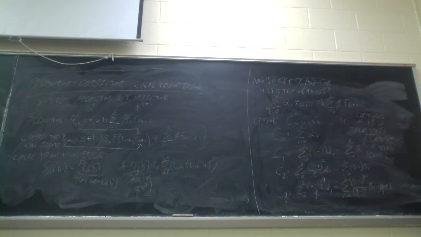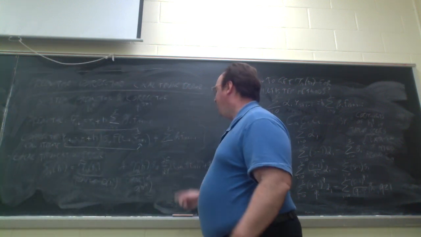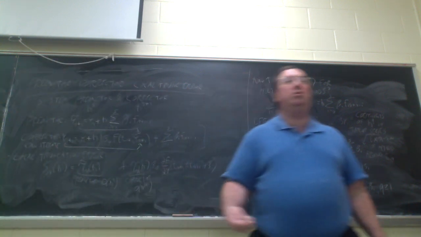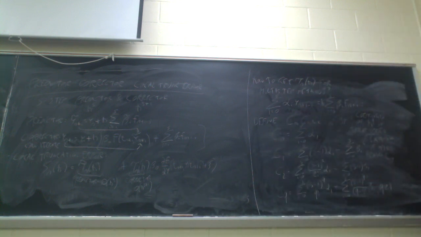If you don't do that, if you only correct once and that's it, this is your local truncation error. If you choose to iterate until convergence, then you can get this term to drop out. And then your local truncation error will simply be the local truncation error essentially of your corrector. It'll have a higher order of accuracy. So something to think about, that it might be worth an effort to do additional corrections.